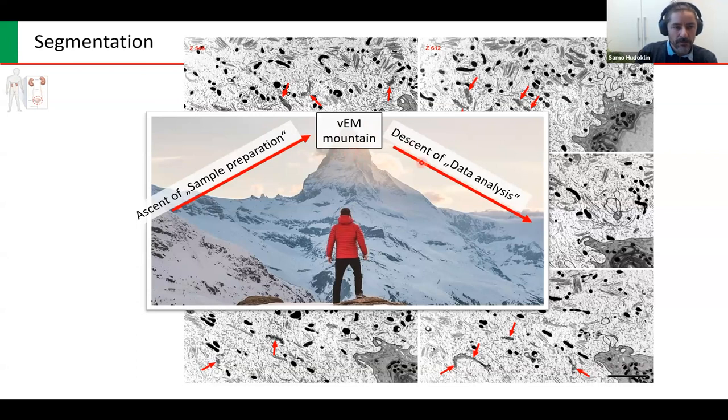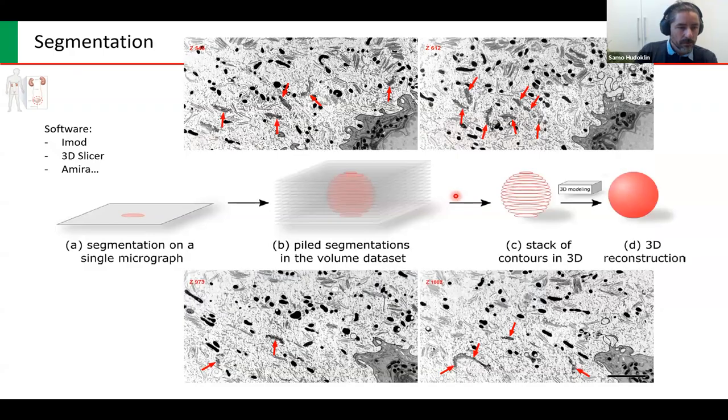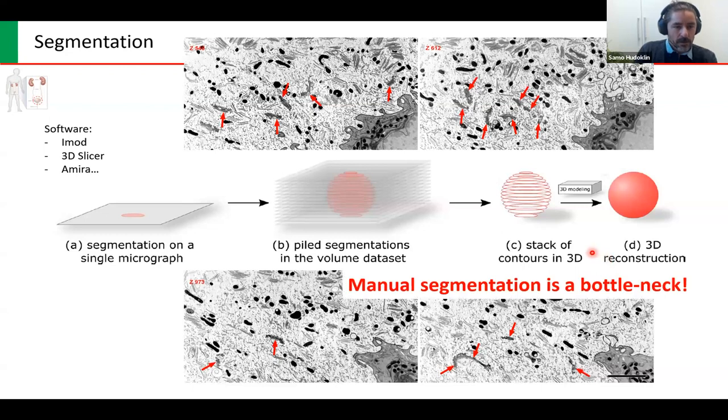And then you have the data analysis, which is actually, I would say, the most demanding in time. So if you want to analyze this, you have to segment each of those structures manually or in an automatic way, and then do the reconstructions. So segmentation is a bottleneck.